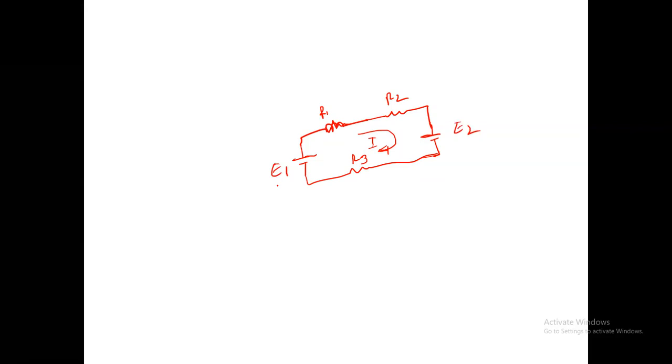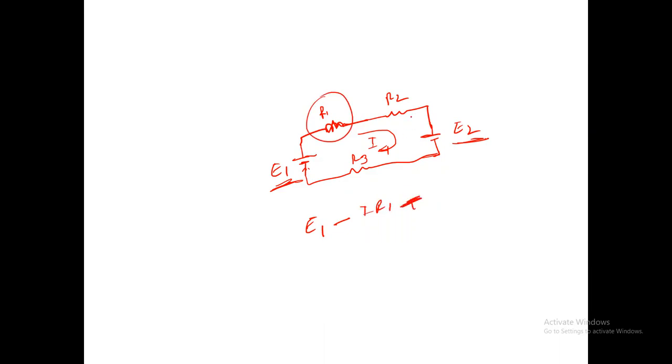If there is one circuit and two sources, E1 and E2, then by Kirchhoff's voltage law, with all the same current I: E1 is positive, then minus the resistance IR1, minus IR2, minus IR3. The current flows from positive to negative, so this is plus and this is minus. The load resistance drops are minus, and the voltage E2 is minus, equal to 0.